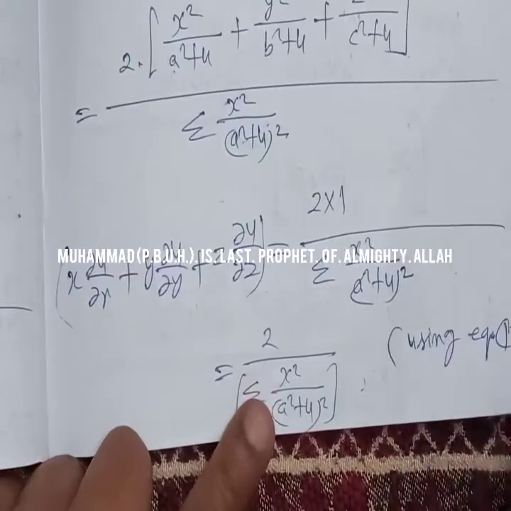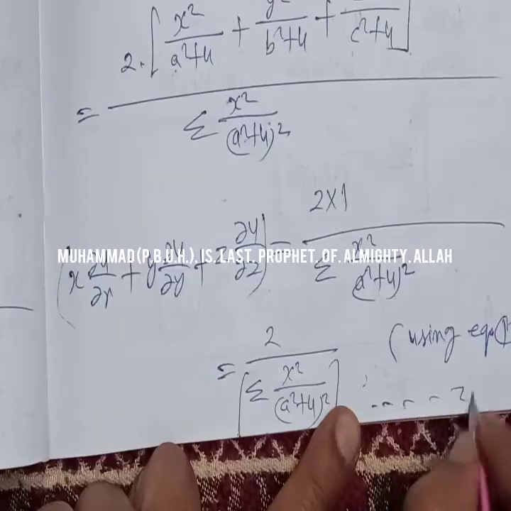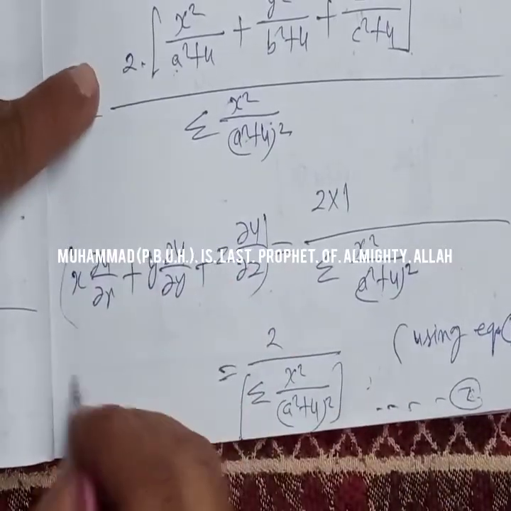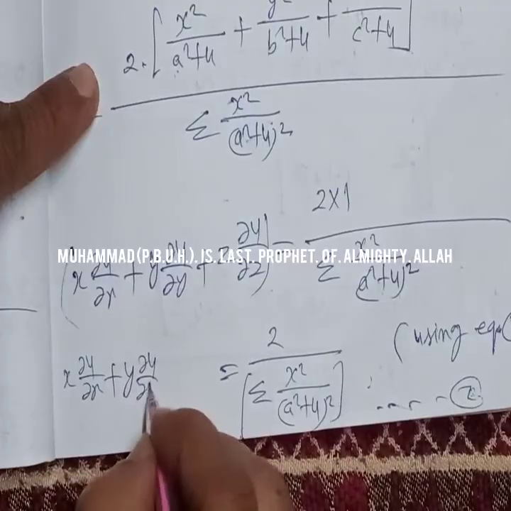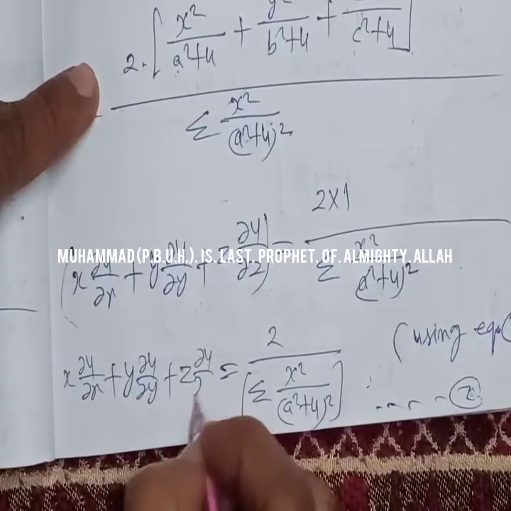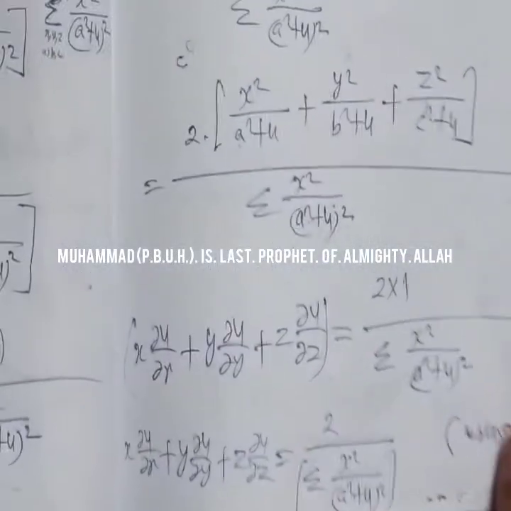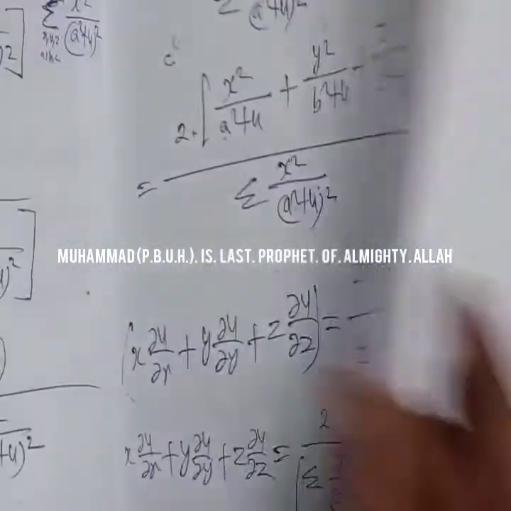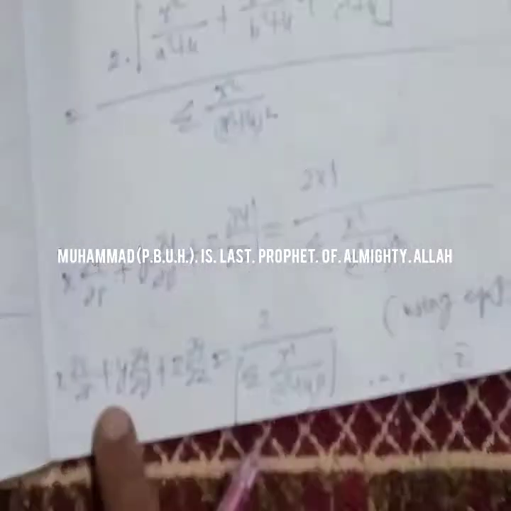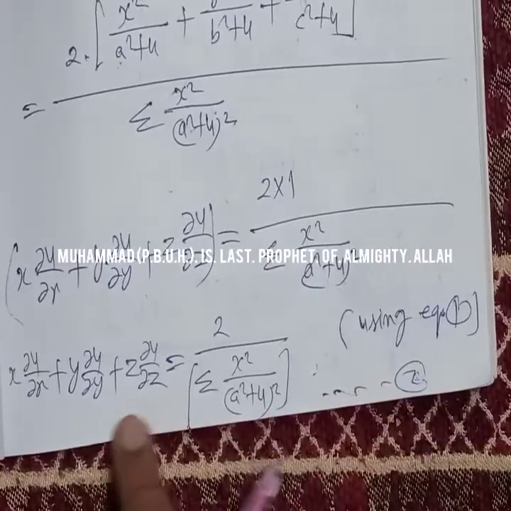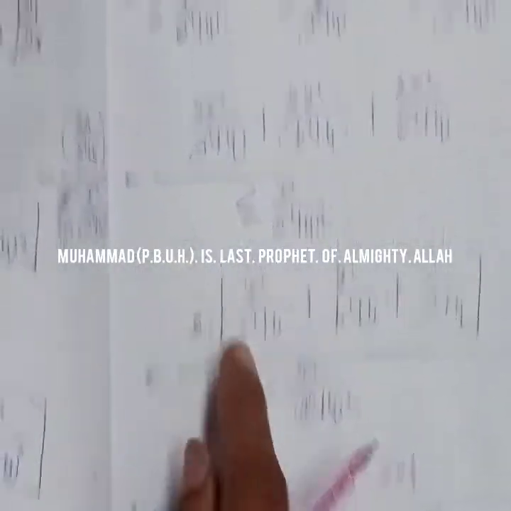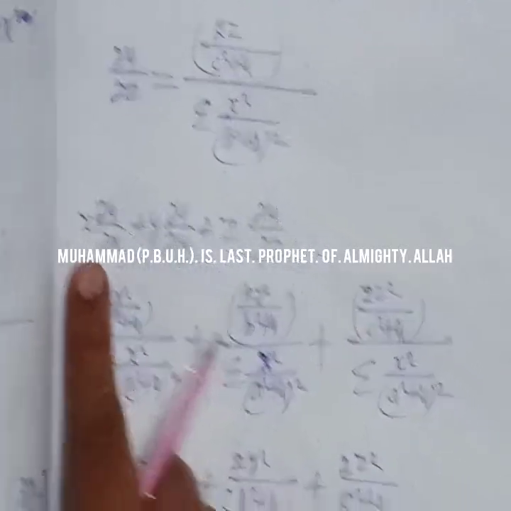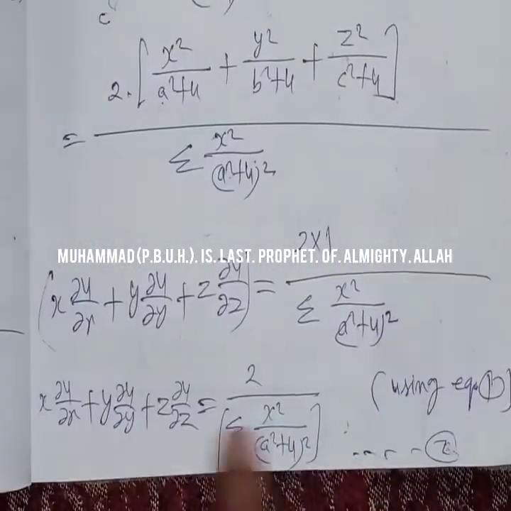So I write it as equation number 2, which is equal to this value, means x del u over del x plus y del u over del y plus z del u over del z, which is in previous lines. After solving this value, we get this here.